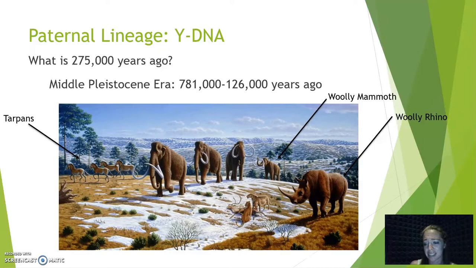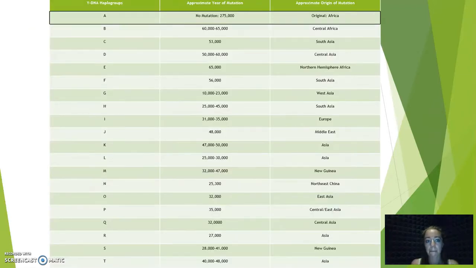The woolly rhino went extinct 10,000 years ago. The mammoth was believed to go extinct 10,000 years ago, but they actually survived for a while on an island in Siberia. So it's pretty amazing. So this is a table of all the Y DNA haplogroups, the approximate year they occurred, and approximate origin of the mutation.